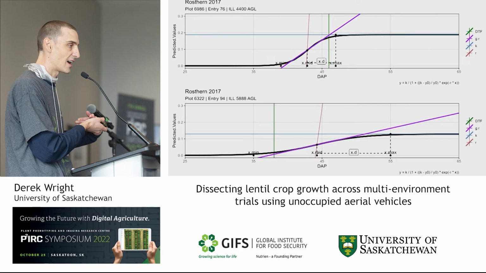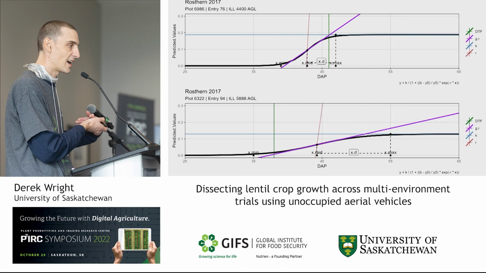Another cool thing we can do with these growth curves is extract some additional information and data points from these growth curves. And so I've tried to illustrate that with this little figure here. Some of the things we can do is figure out, okay, what is the day at which the midpoint for growth occurs? What is the day where you get the maximum growth?